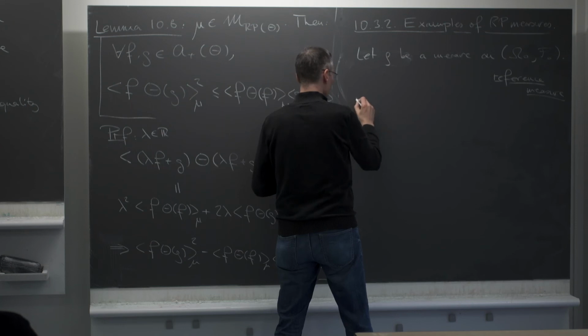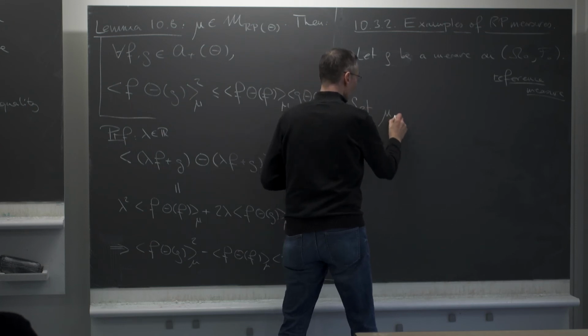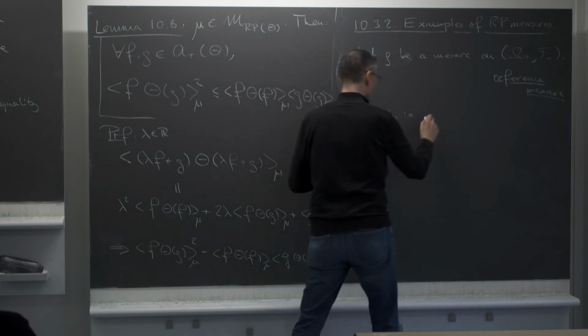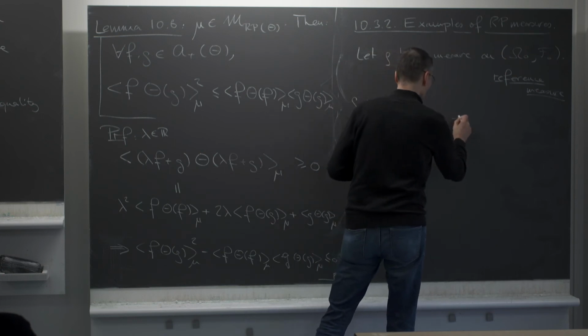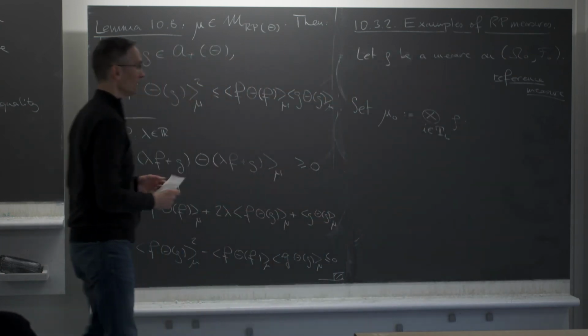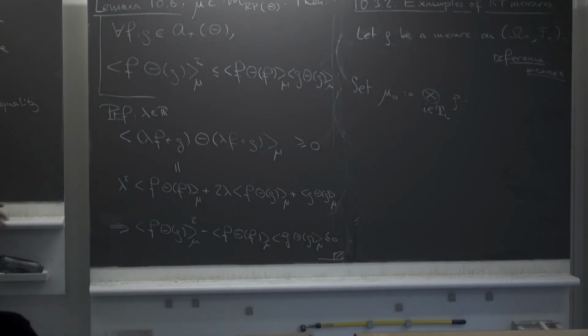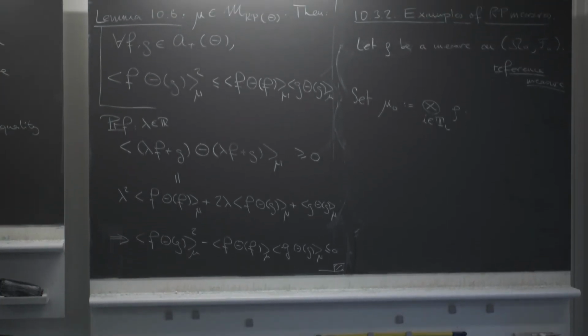I set mu 0 to be the product measure: for each vertex of the torus, I put a copy of the measure rho.